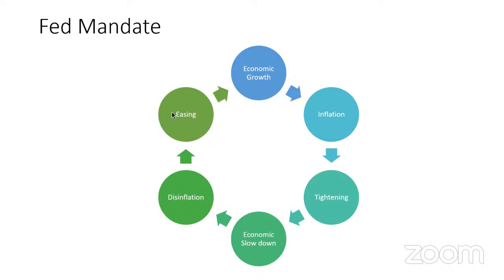And what the central bank had to do was to loosen up monetary conditions so that access to capital and access to credit is easily available, so that people spend more, invest more, because you're looking for economic growth. But now there's one debate of whether the easing was too much, or did they overstep in terms of the easing mandate? And that's why you've had historically high inflation rates.